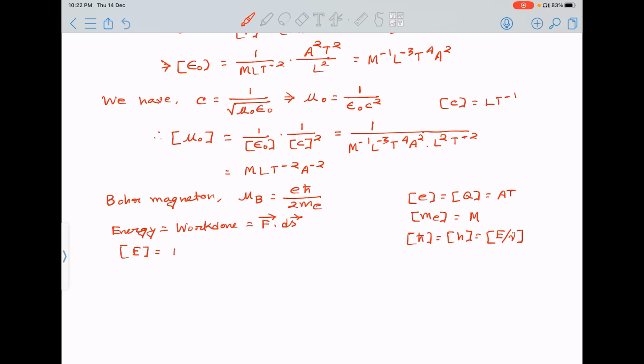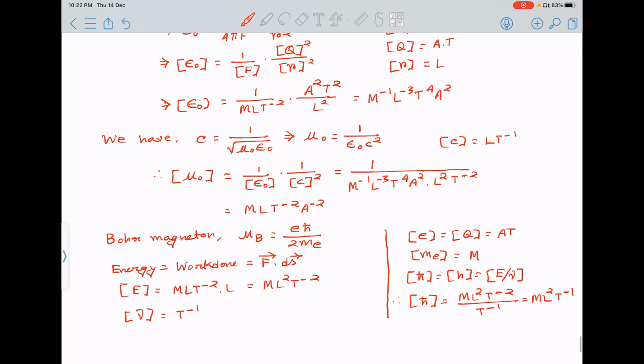So the dimension of force is M L T to the power minus 2 times L, which is M L square T to the power minus 2. The dimension of frequency is the inverse of time, so T inverse. So the dimension of h cross should be M L square T to the power minus 2 divided by T inverse, which is M L square T to the power minus 1.